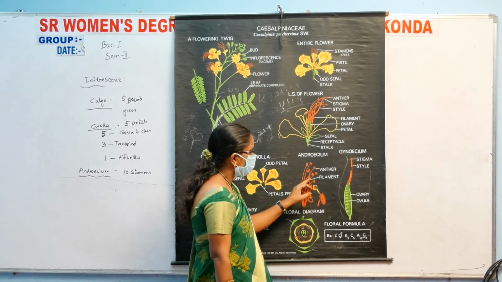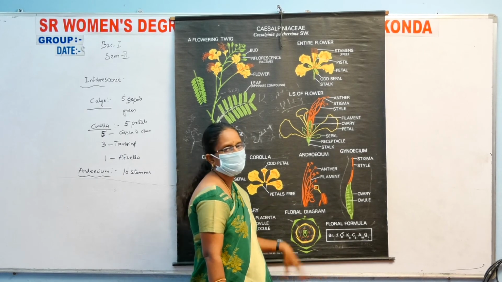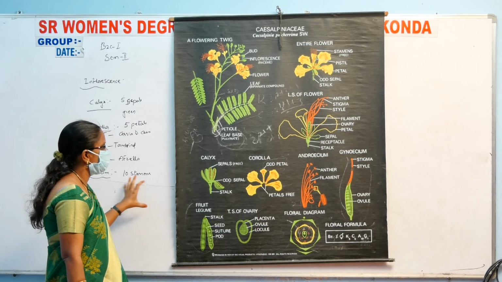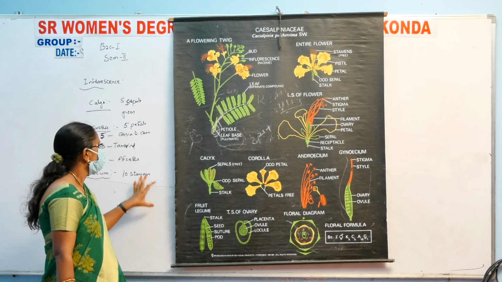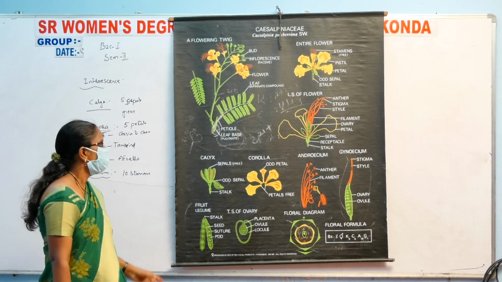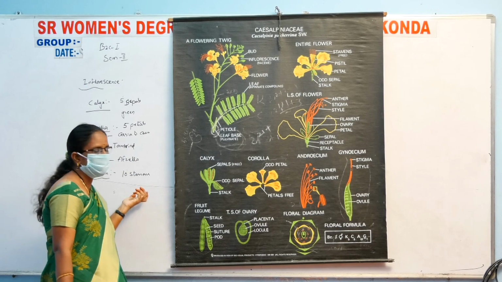Each stamen has 3 parts: filament, connective and anther. Mostly 10 stamens are present in the androecium. The number is different in different types of plants. And the androecium and gynoecium will continue in the next class.